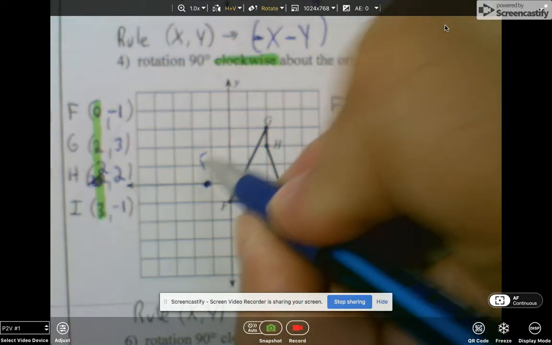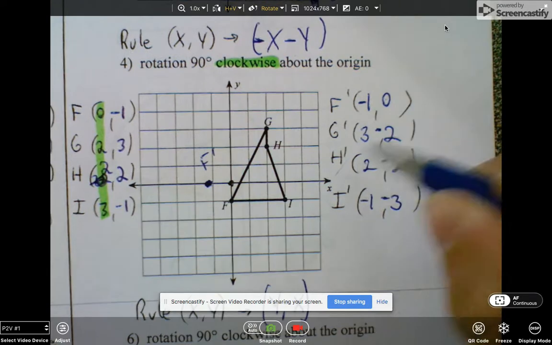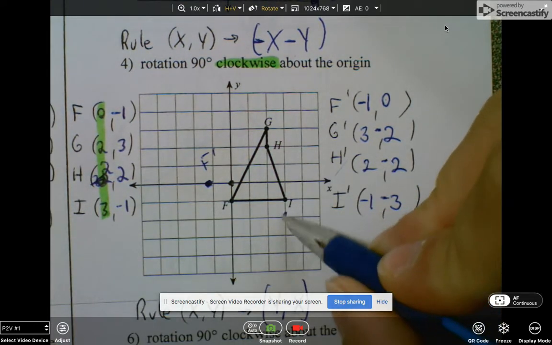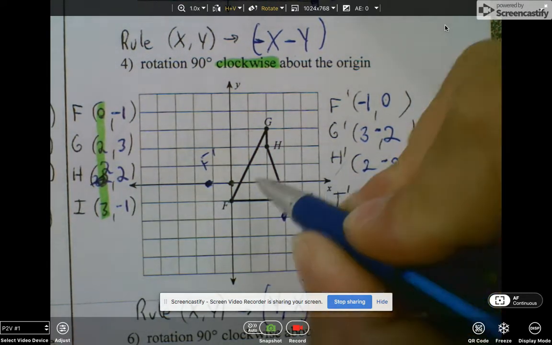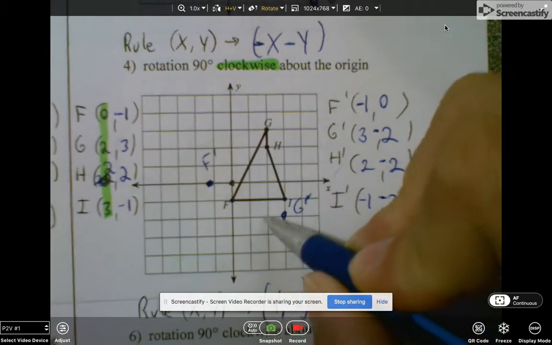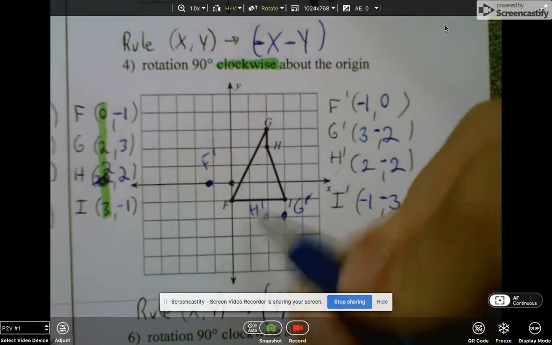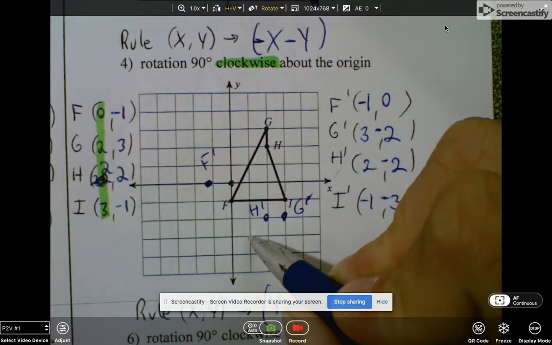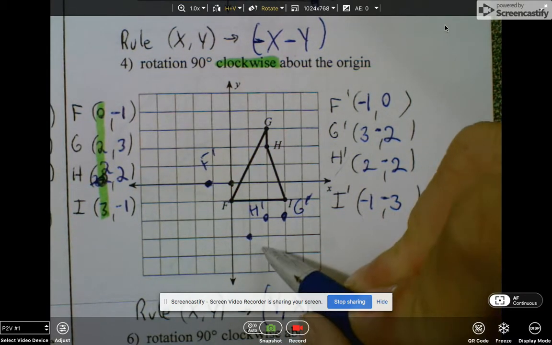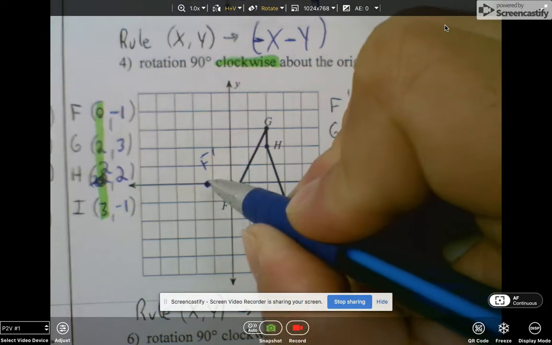That's F prime. Then we got 3, -2, G prime. Then we have 2, -2, H prime. And -1, -3, which is I prime. Connect the dots.